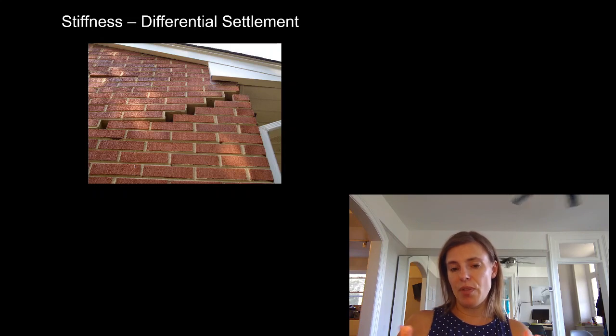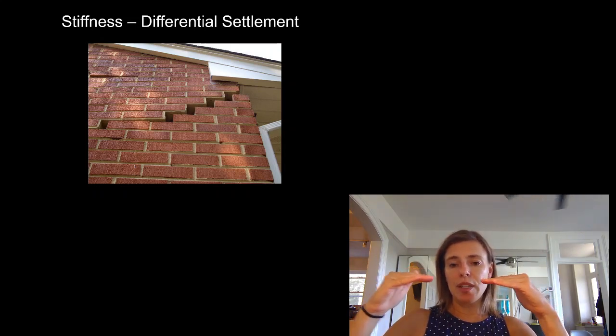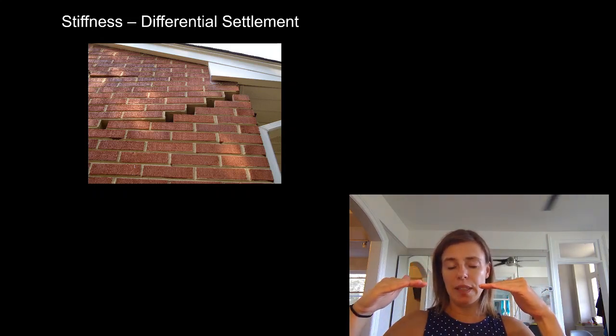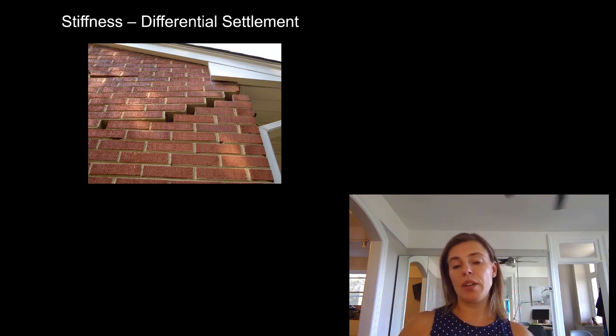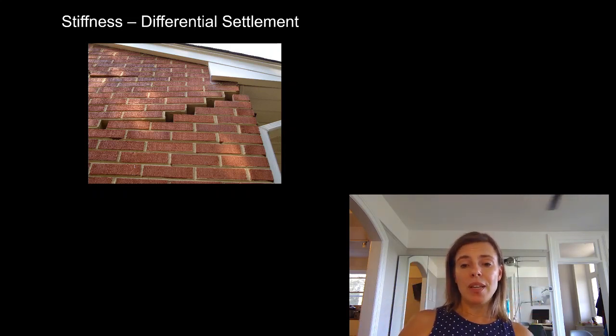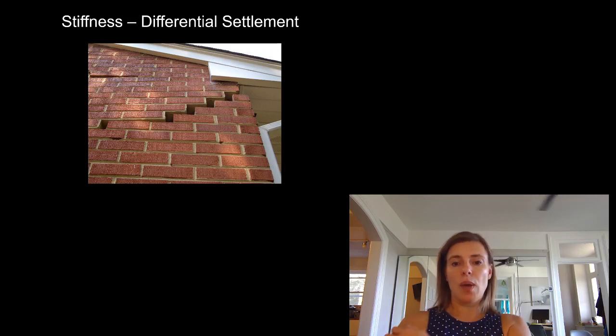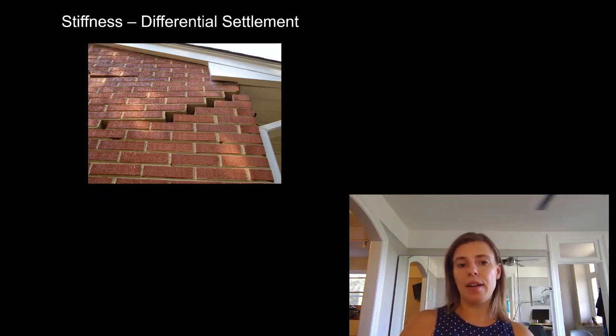Some are stiffer than others. And what we need to make sure is that the stiffness is equal across the building. Even if it's strong enough, if this part moves down more than this part, the building starts to move differentially. Masonry is very unforgiving for cracking. So you can see here we have a massive crack in that.